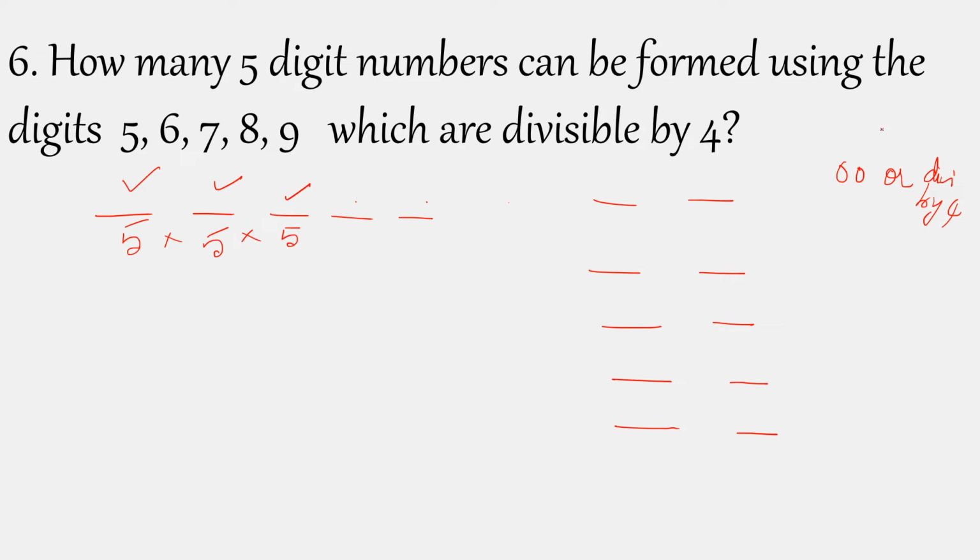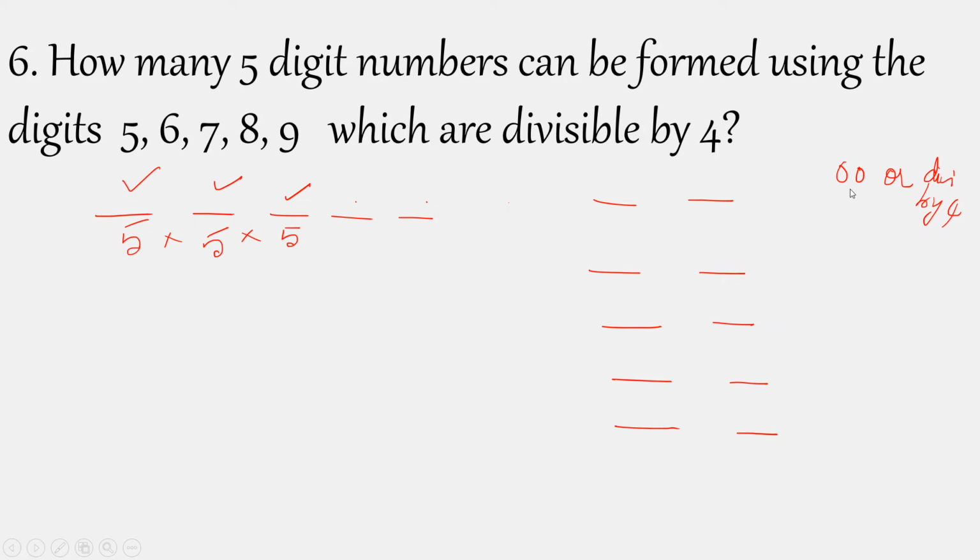Now, coming to the last digit, because it is divisible by 4, it cannot end with 5 or 7 or 9. 5, 7, 9 are not possible. So what are the possibilities? Only 6 and 8 are possible for filling up these two.